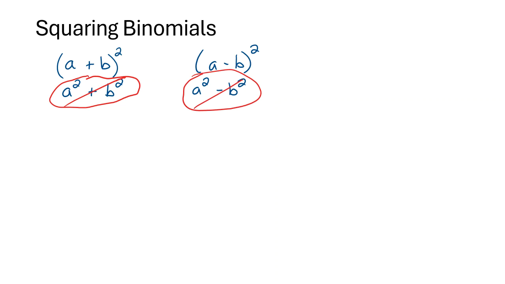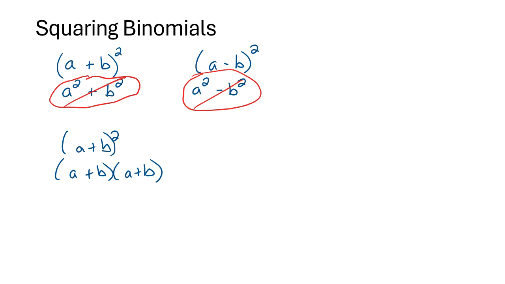Why is that? Well, first of all, let's look at an algebraic way to think about this. a plus b squared means a plus b times a plus b. Now, you should have some practice at this point multiplying binomials.